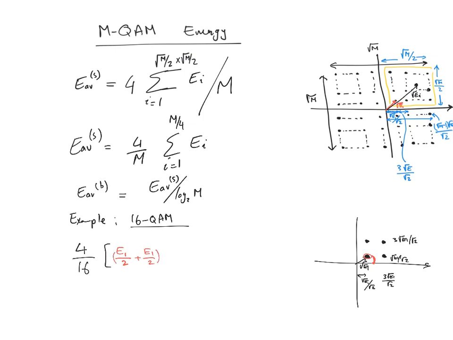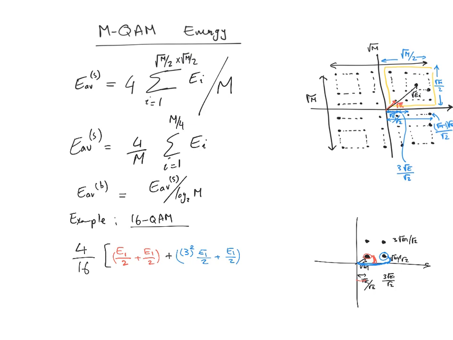That's only the first point, right? Then the second point, plus: the x is going to be 3 squared E1 divided by 2, and the y is still E1 divided by 2. Again, the x is this dimension and the y is this dimension.